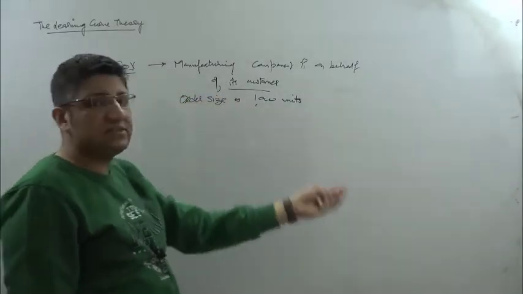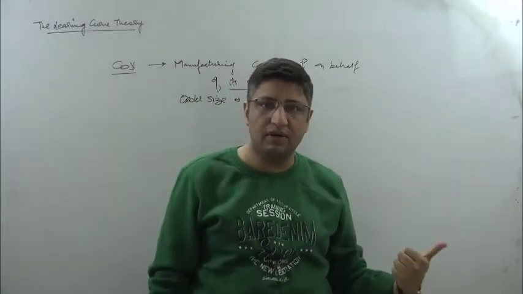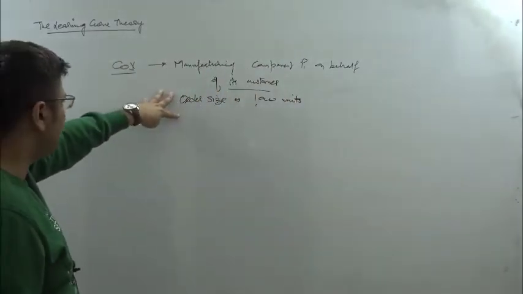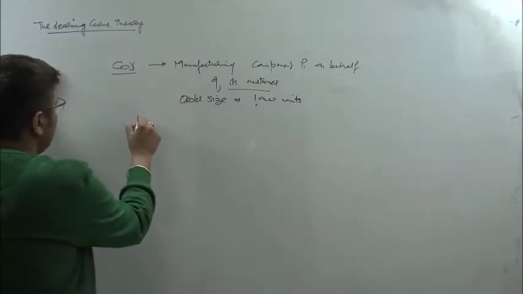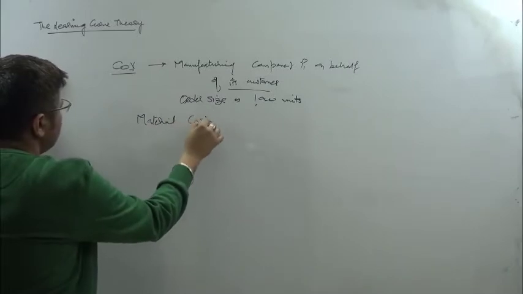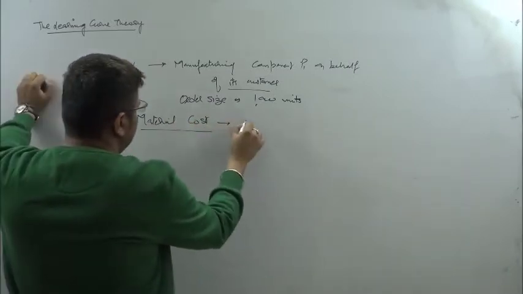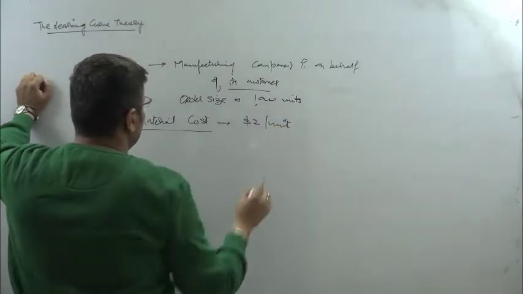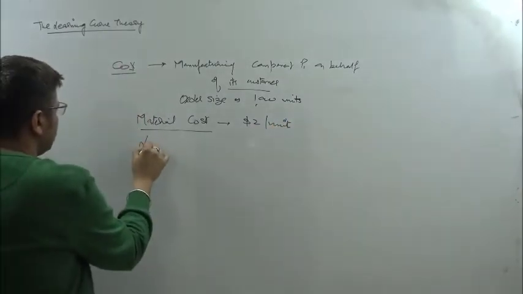The customer has approached company X and seeks a quotation in terms of how much is going to be the charge. So let us say that there could be a material cost. Raw materials might be required, which are, let's say, $2 per unit. And then we are talking about the labor cost as well.